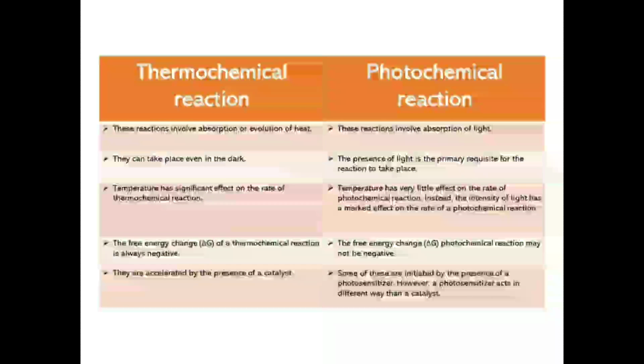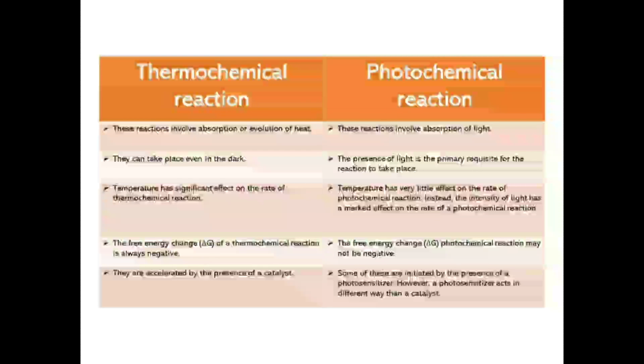Increasing the intensity of light increases the photochemical reaction, and decreasing the intensity decreases it, meaning the rate is directly proportional to the intensity of light. Here the temperature is directly proportional to the thermochemical reaction.